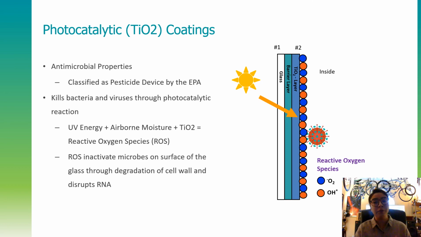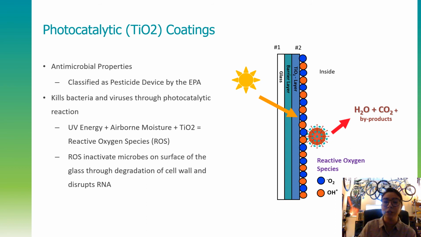So fairly similar to what you're seeing in your silver and copper coatings, but you need that combination of a UV source, the titanium dioxide coating, and your natural airborne moisture. And essentially what happens is these viruses and bacteria are deactivated, they're broken down, and eventually turned into water vapor and carbon dioxide byproducts.